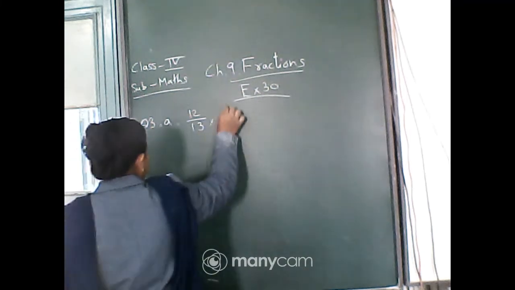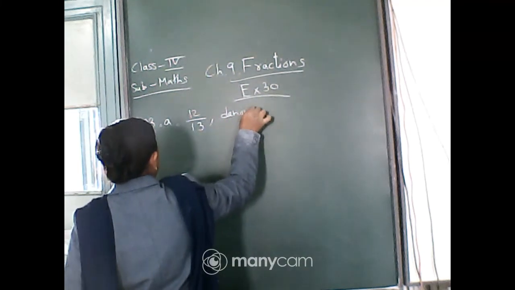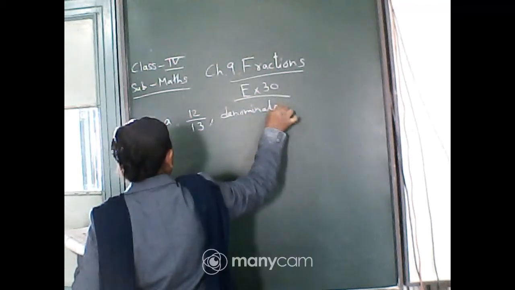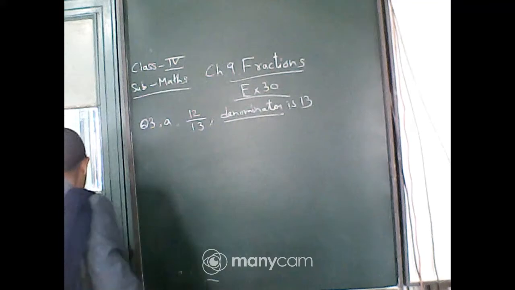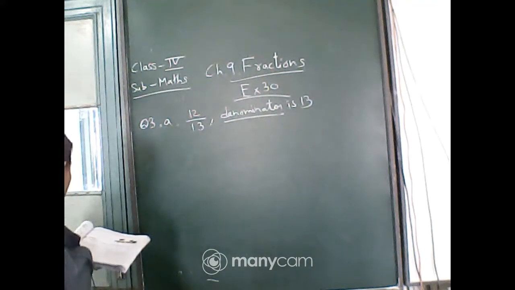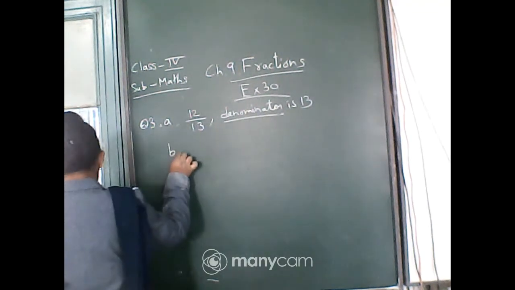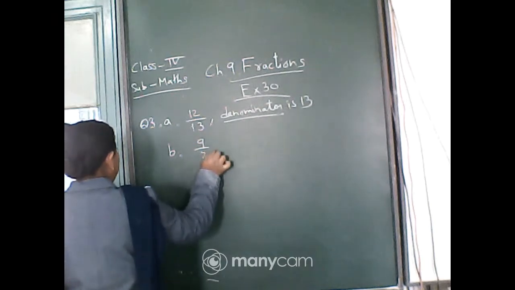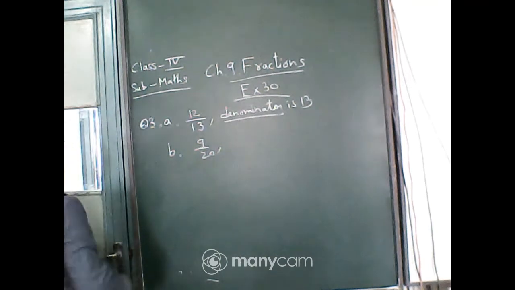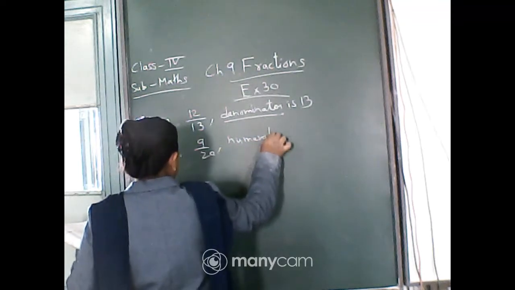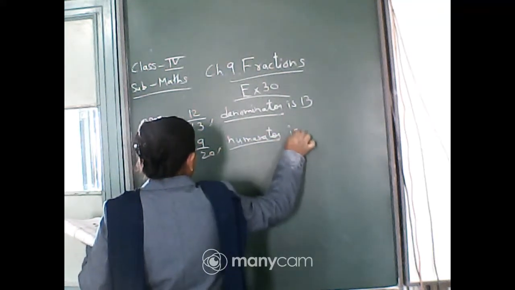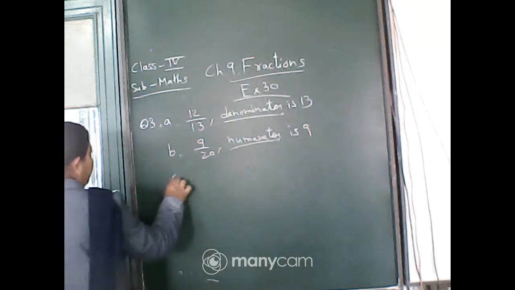The dash is 13 means denominator is 13. So you will write in the blank, denominator is 13. Okay. Similarly, number B, 9 by 20, the dash is 9. So you will write the numerator is 9. The numerator is 9. Okay.